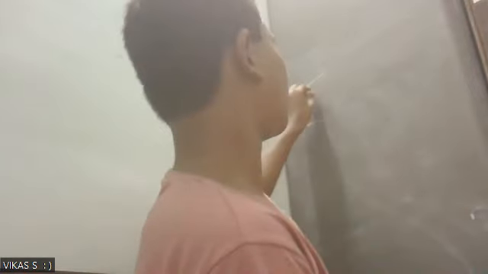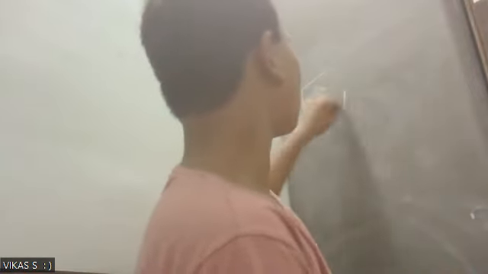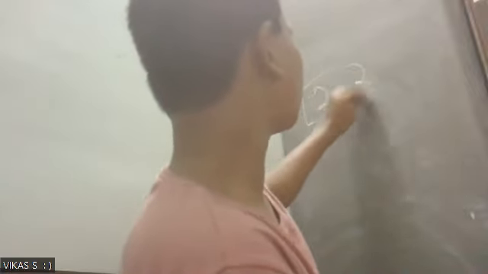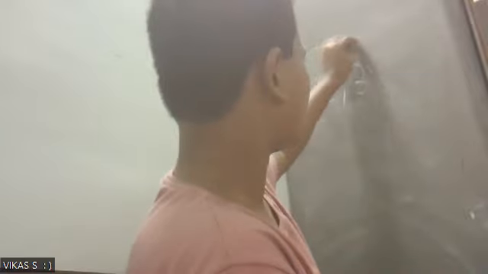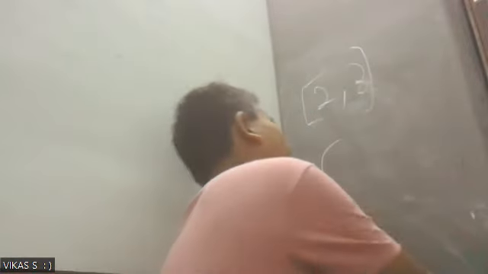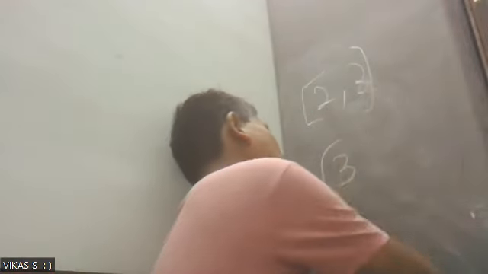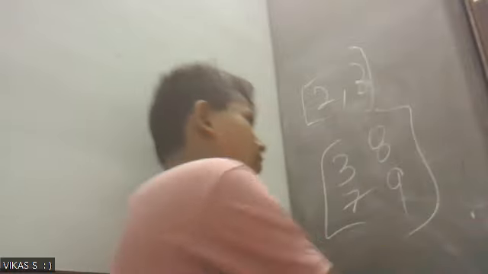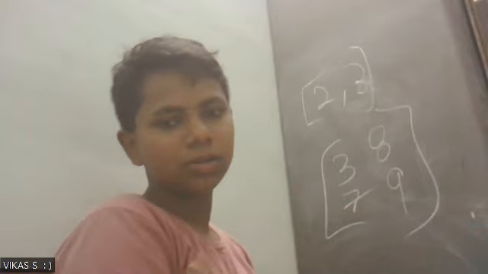So, rectangular matrix. For example, let's take 2, 3, one more. Let's take 3, 7, 8, 9. What is this?